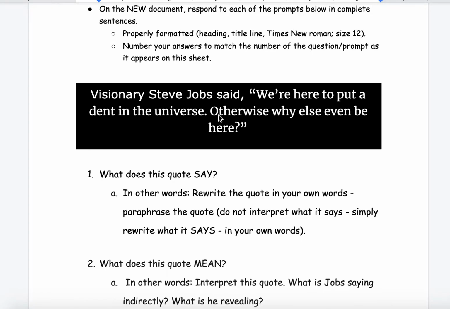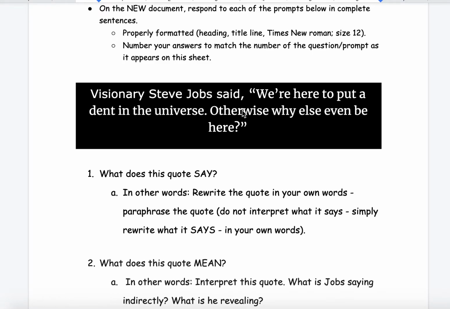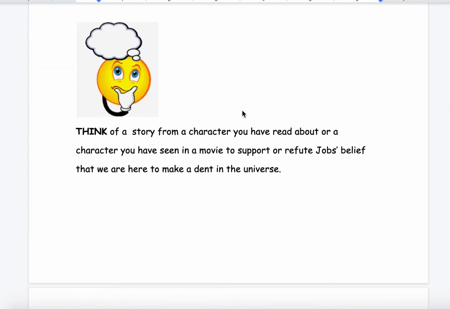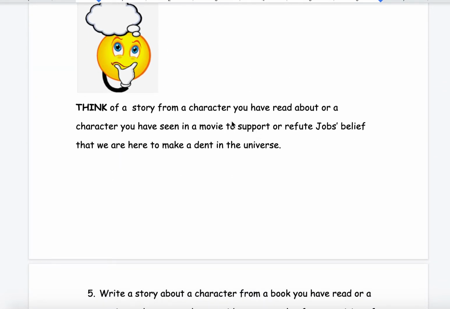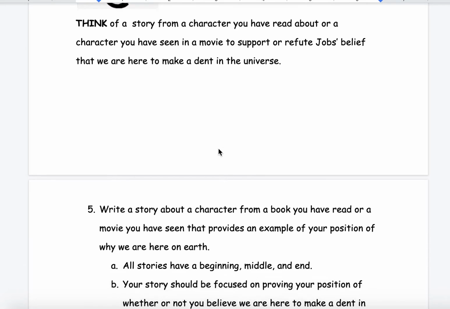I don't care if it was from a children's story, a character you read about that proves we're here to put a dent in the universe, or a character you've seen in the movie that disproves there's no purpose for us being here. So think of a character from a movie you've seen or a book you've read to refute Jobs' belief that we're here to make a dent in the universe. Okay?